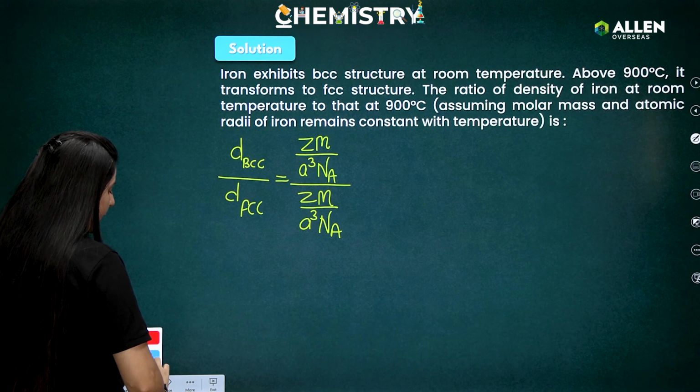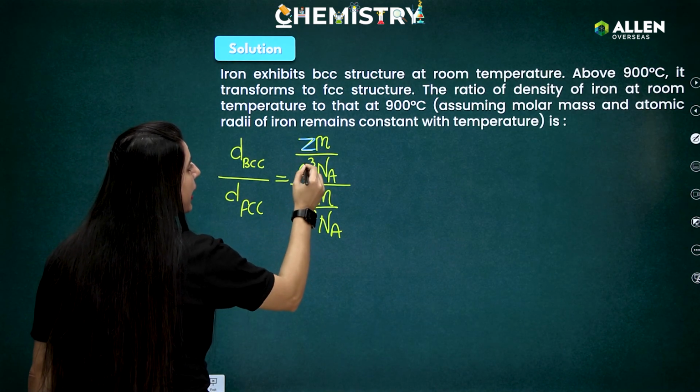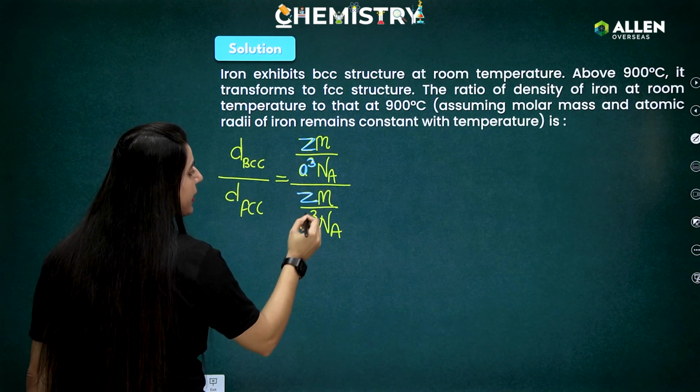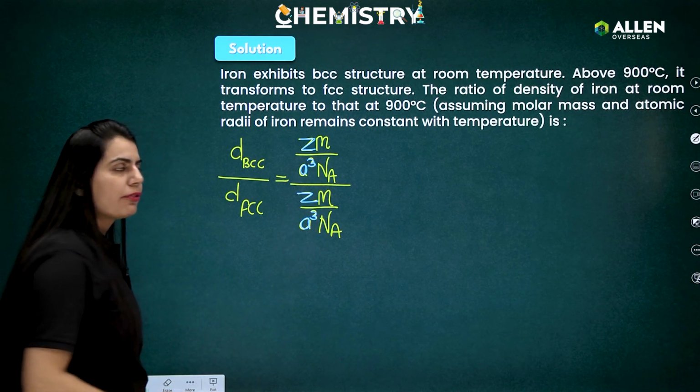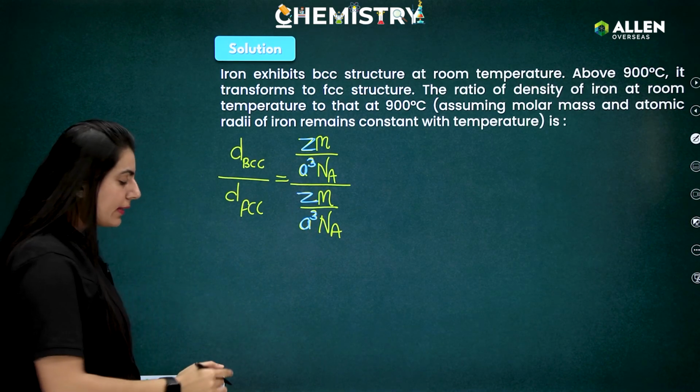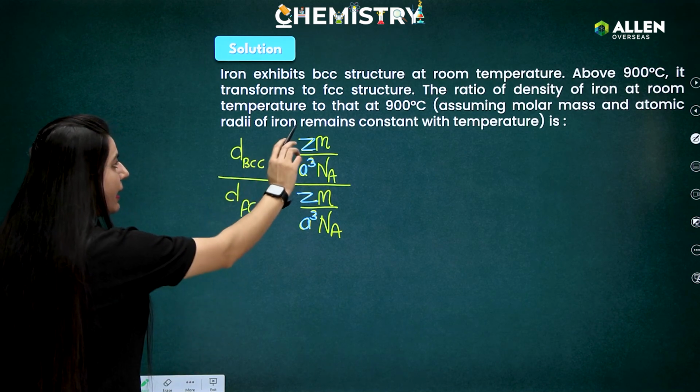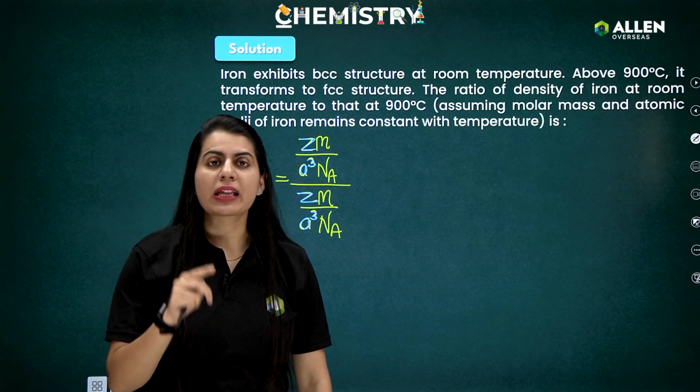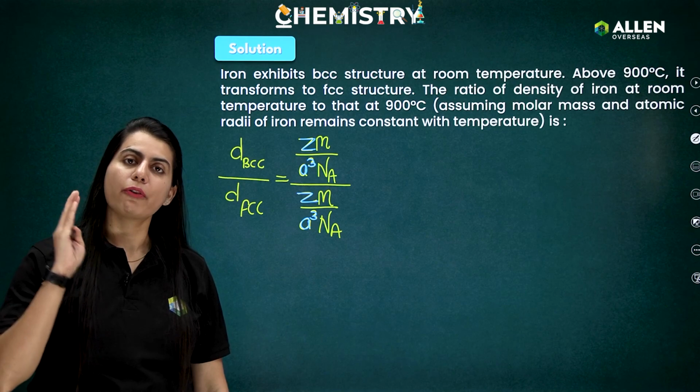But you have to be clear about this particular Z value and a value. The Z value for BCC is 2, and the Z value for FCC is 4.